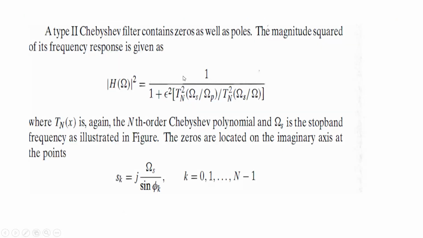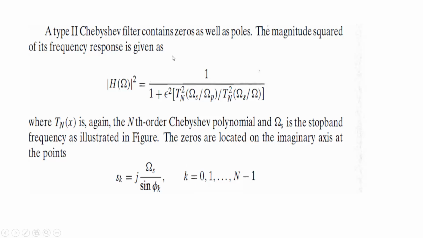Then I told you that the difference between the type 1 and type 2 Chebyshev filters is that the ripples are there in the passband and the response is monotonic in the stopband for type 1 filters. Type 2 Chebyshev filters are just the reverse of that, meaning the frequency response of the filter is monotonic in the passband, whereas there will be equiripple behavior in the stopband.